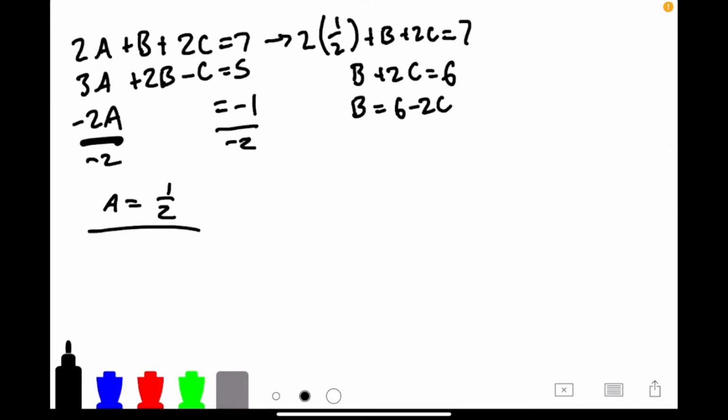Now we can plug this into the third equation, or the second equation, thus isolating c, since b is no longer a variable and a is already solved for.